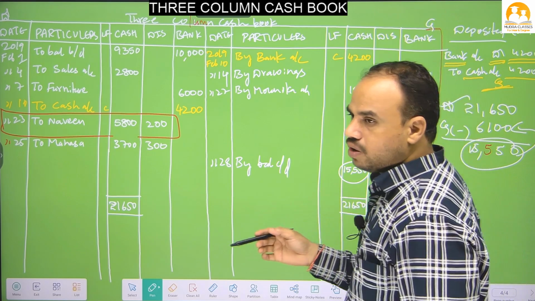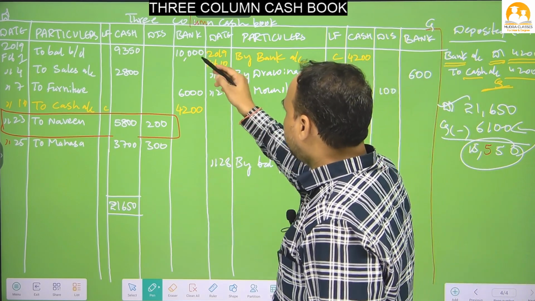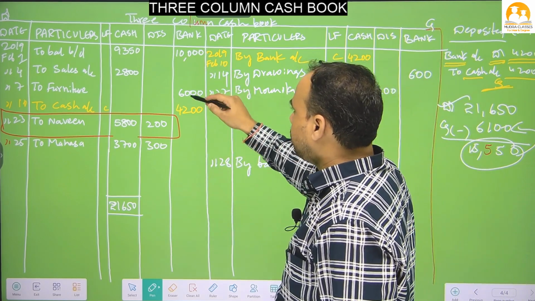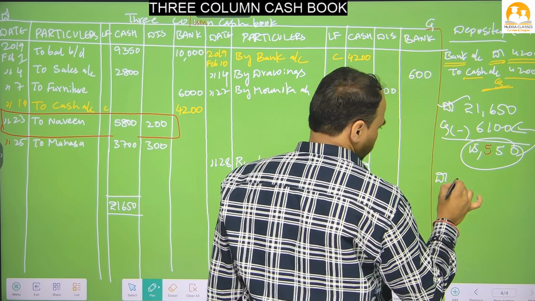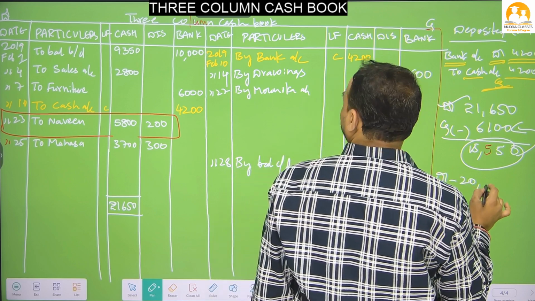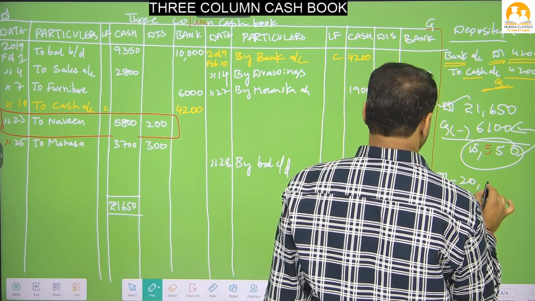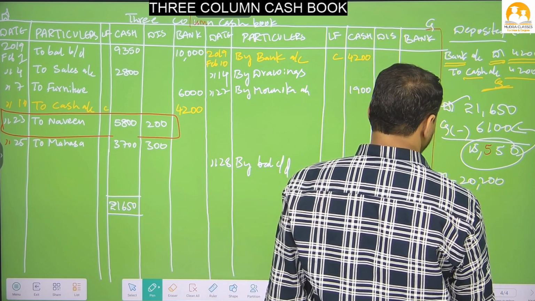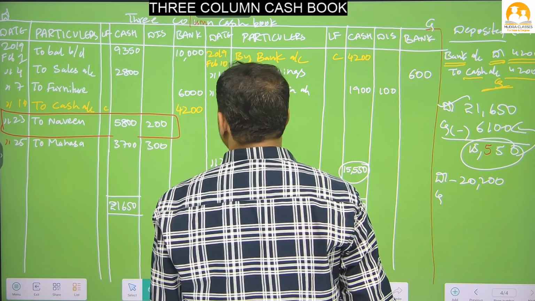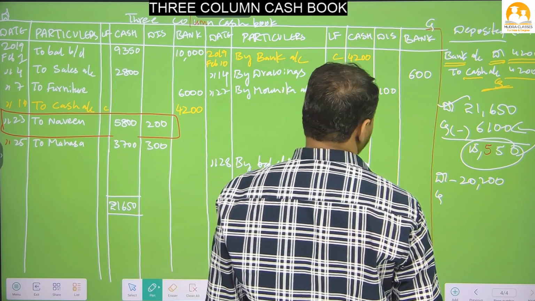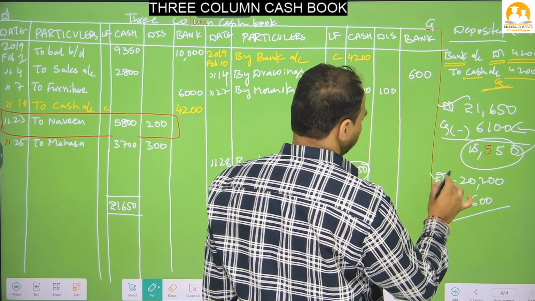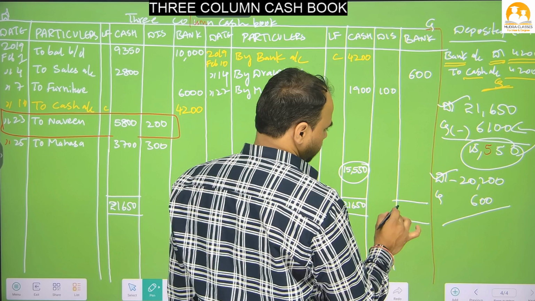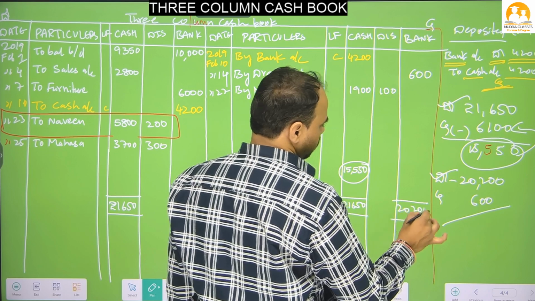Similarly, close the bank column. Bank column debit side total: 10 plus 6 is 16, plus 4 is 20. So debit side total is 20,200. Credit side total is only 600. Debit is the bigger amount, so on both sides write that big amount, 20,200.